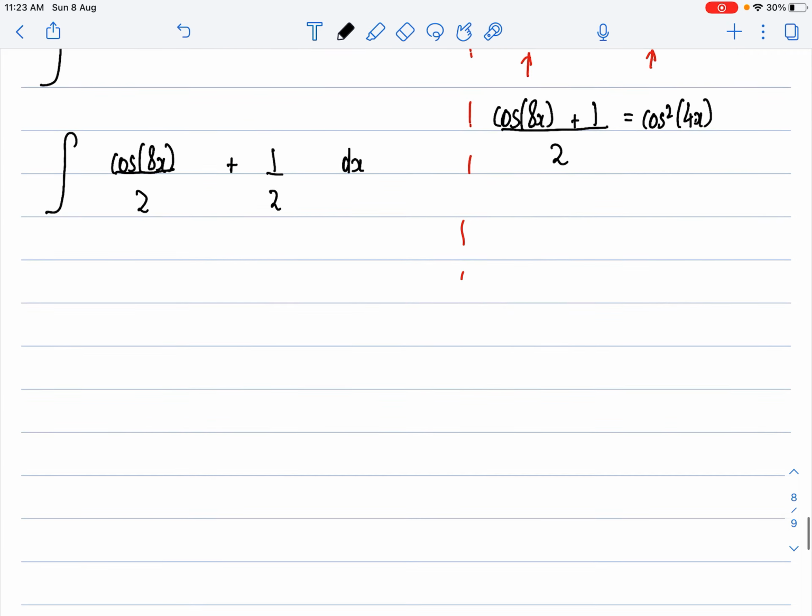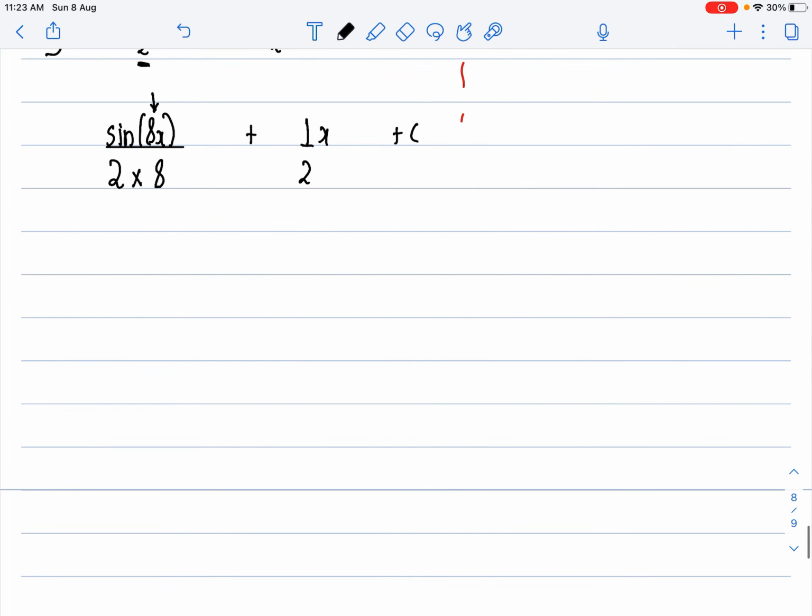Basic substitution. So now I have the integration of cos, which is sine. So I write this as sine 8x divided by, I have the pre-existing 2 multiplied by the coefficient of x, which is 8, plus the integration of half, which is half x, plus c.